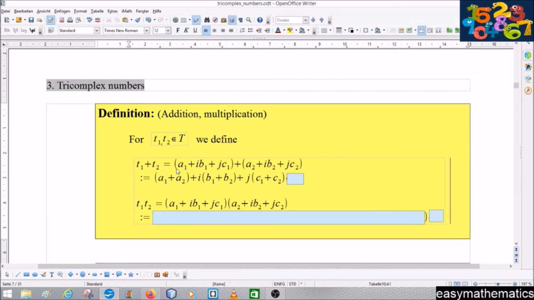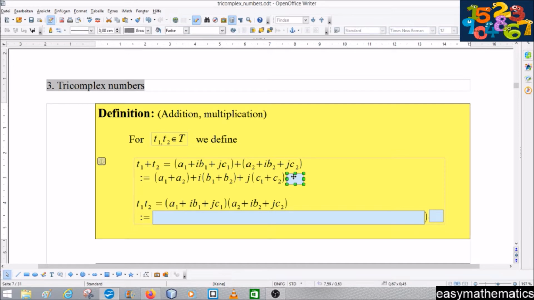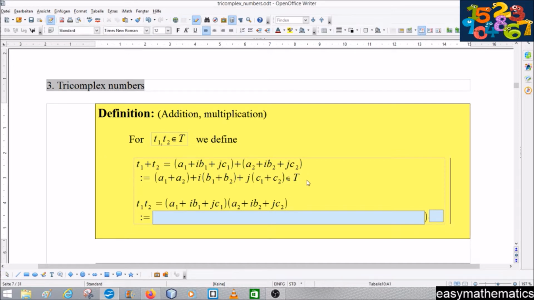Yeah, so the two parts with the unit 1 we sum up, then the two parts with the unit I we sum up, and so on. And we see that the sum of two tricomplex numbers is of the form of a tricomplex number.